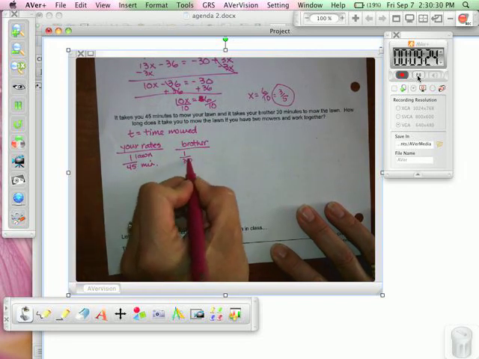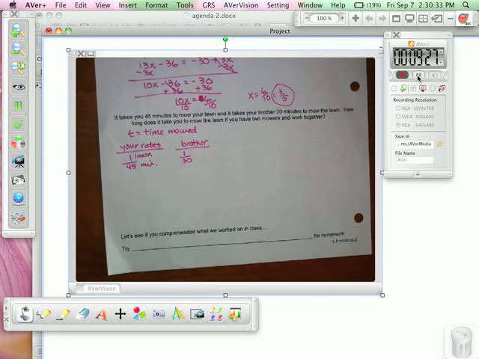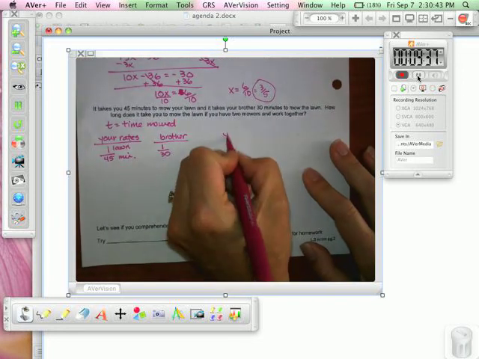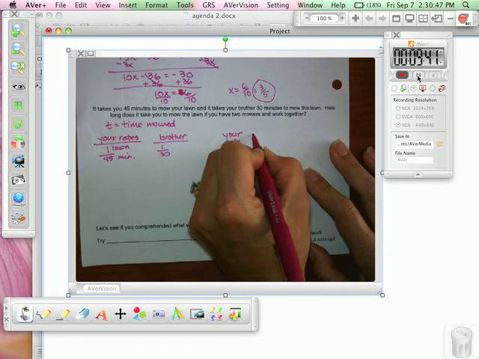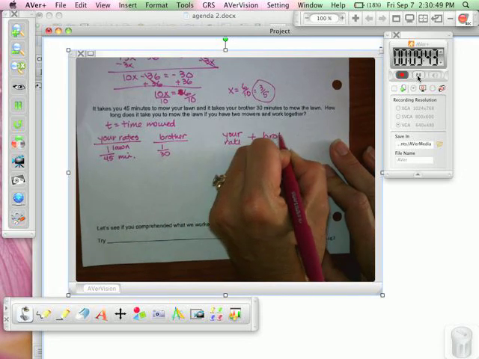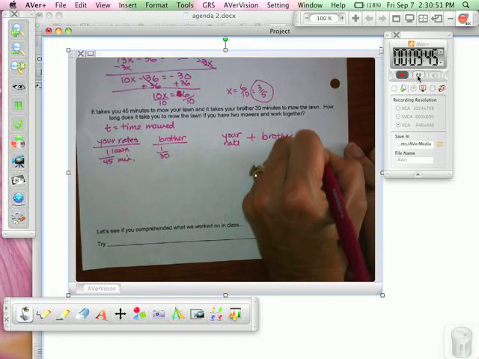So that's his speed. So what I need to do is I need to know if we work together, how long will it take me to mow 1 lawn? So I'm going to say, okay, your rate plus your brother equals 1 lawn.